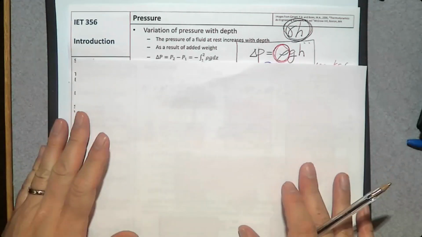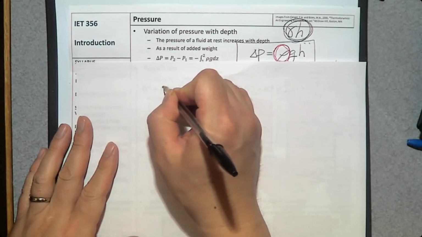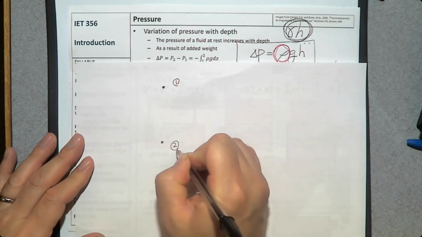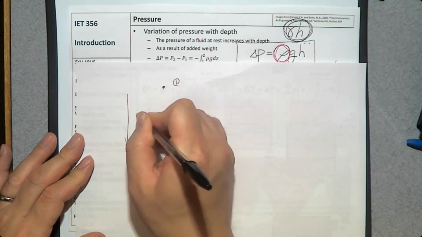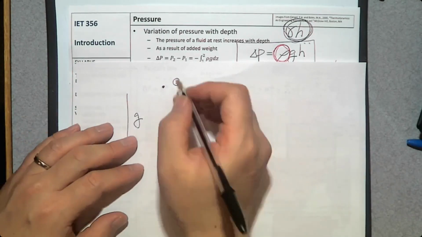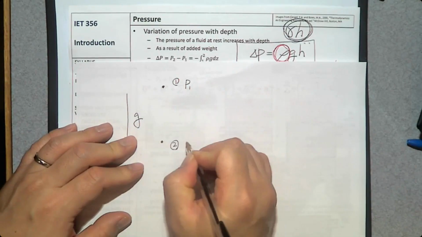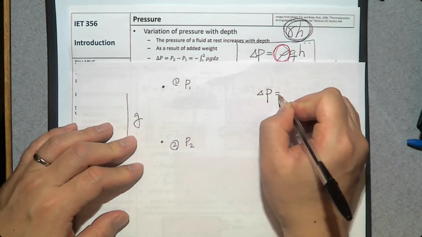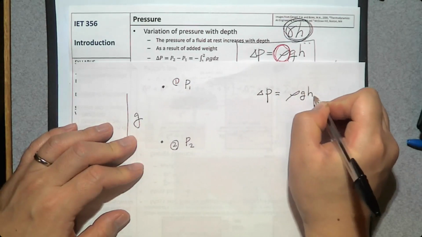If we have two positions, number 1 and number 2, and this is the gravity direction g, then we can calculate the pressure difference between P1 and P2 using delta P is rho gh.